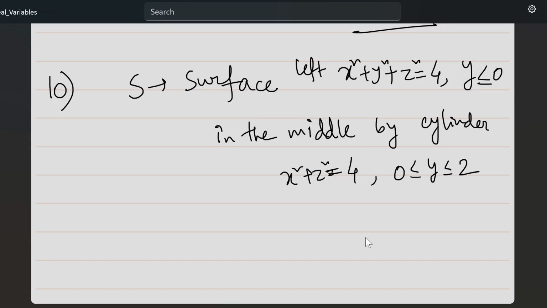And on the right, it is bounded by the plane y equal to 2.